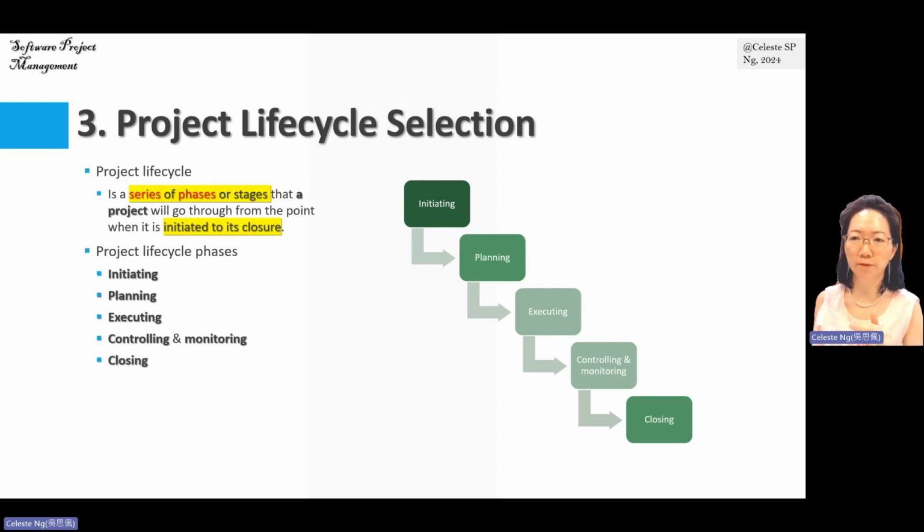During this phase, the project owner and the project manager will develop a project charter, and the stakeholders for this project will be identified. Then they will have their first meeting to officially sign off the project charter, recognizing the official existence of this project.